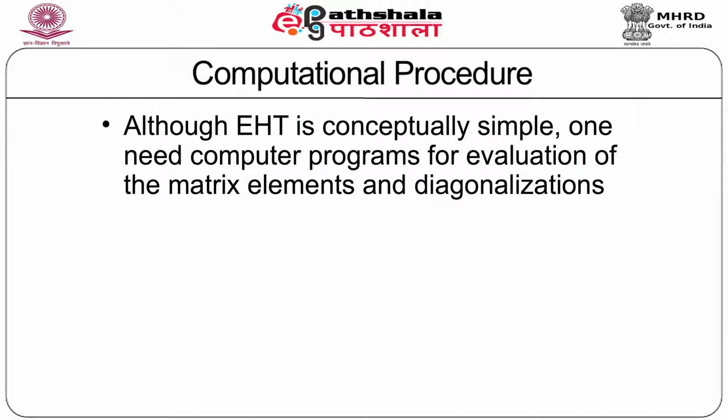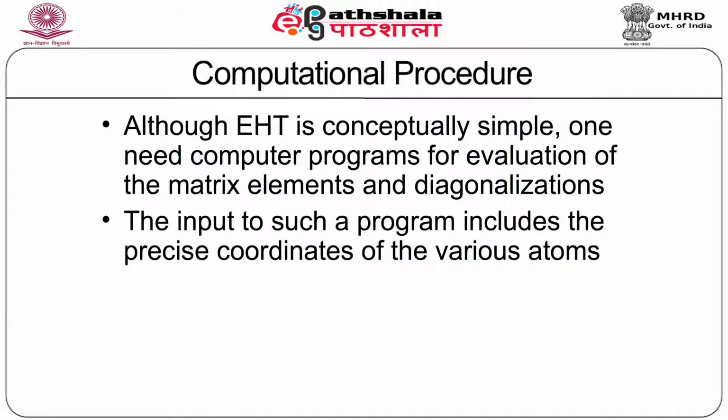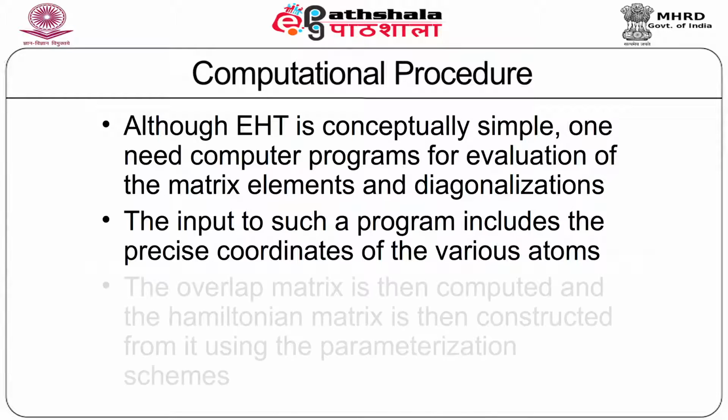Although the extended Huckel theory is conceptually simple, one needs computer programs for evaluation of the matrix elements and diagonalizations. The input to such a program includes the precise coordinates of the various atoms.